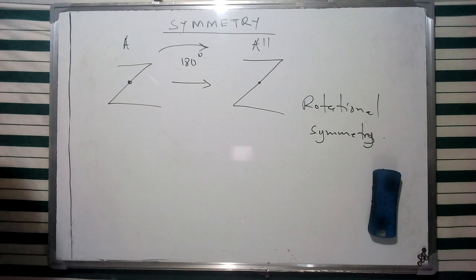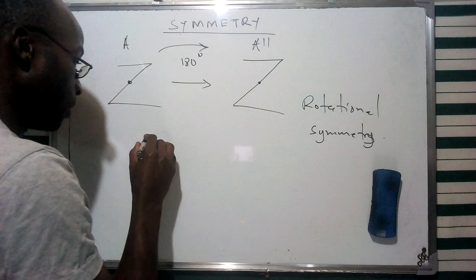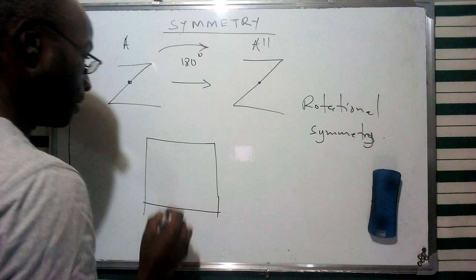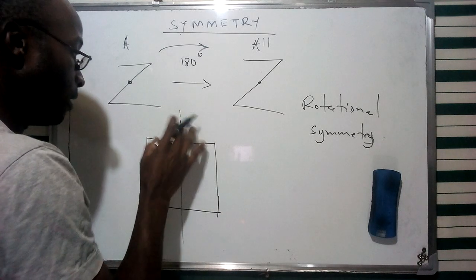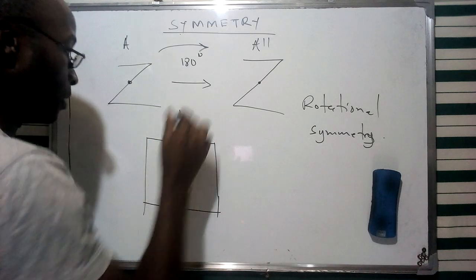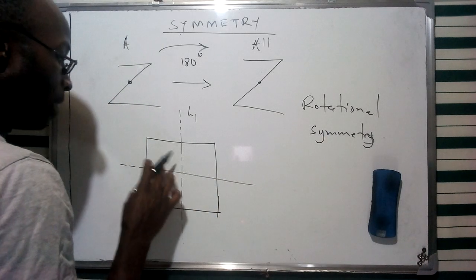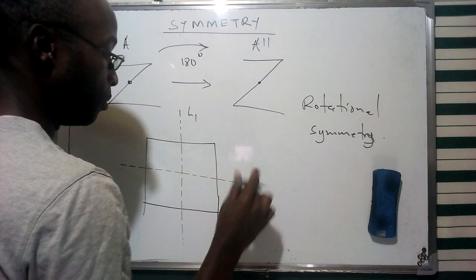For instance, I can talk about the concept of a rectangle. Let's try to consider a square that is given as such. So we're going to have a vertical line of symmetry which is going to constitute line 1, and then a horizontal line of symmetry which is going to constitute line 2.